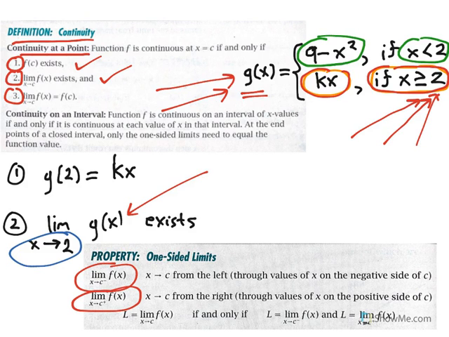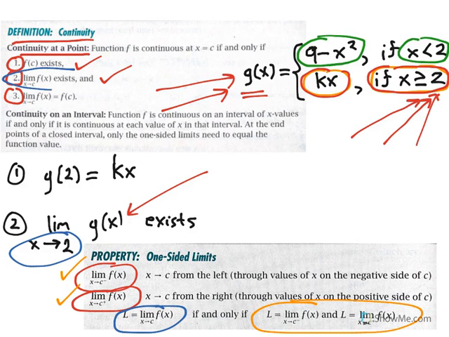And then we have to make sure that the one-sided limits exist and are equal to each other. And if we can show that to be the case, then we will know that the two-sided limit will exist and will be equal to the same value. So to make sure that the second condition from the definition of continuity is satisfied, I need to work with one-sided limits.